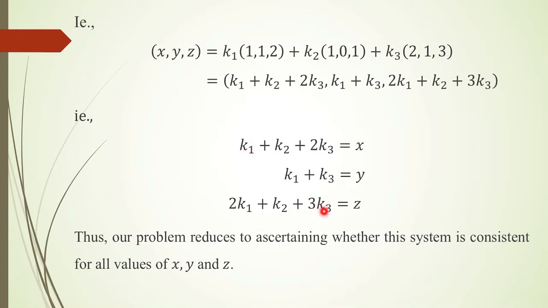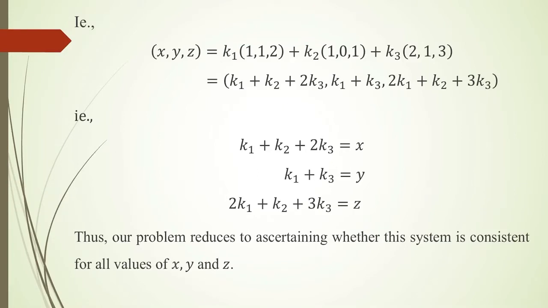If this is true for any value of x, y, z, then we can say that the vectors v1, v2, v3 can span R3. If it is not possible, then v1, v2, v3 cannot span R3. If for some x, y, z the system does not have a solution, then v1, v2, v3 cannot span entire R3.